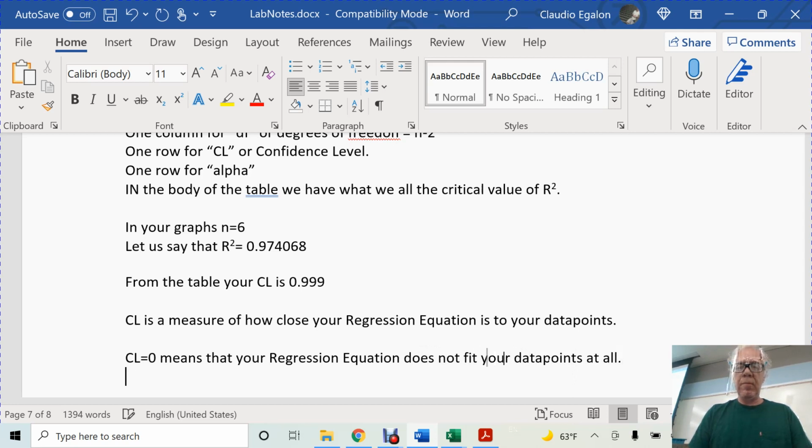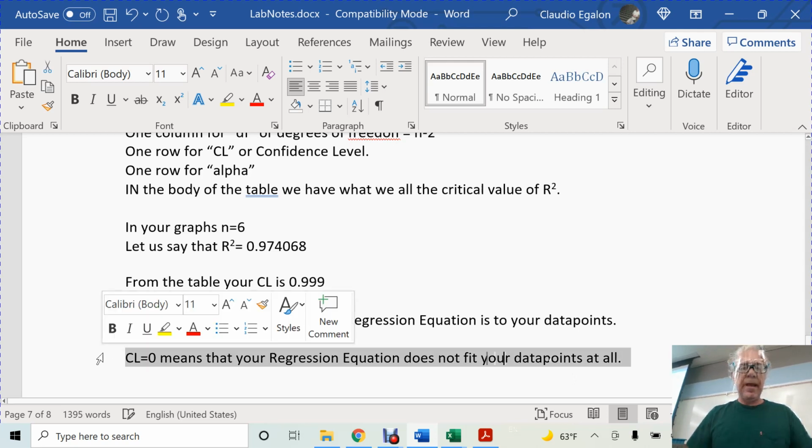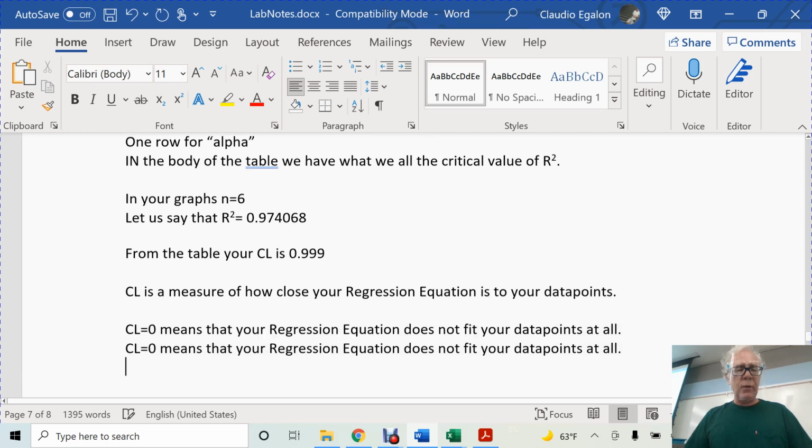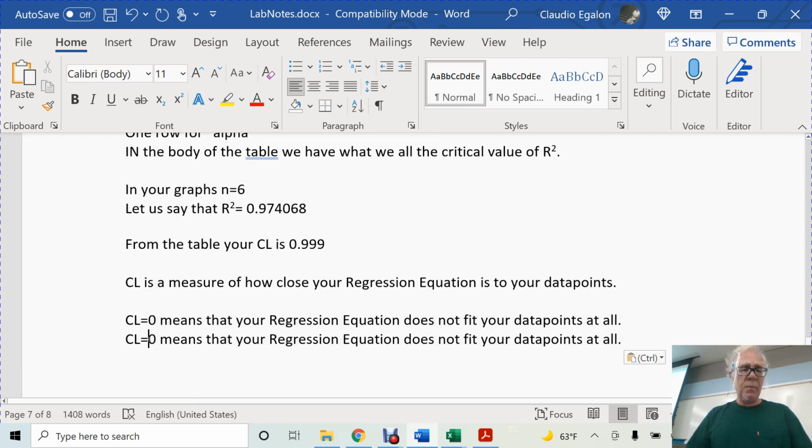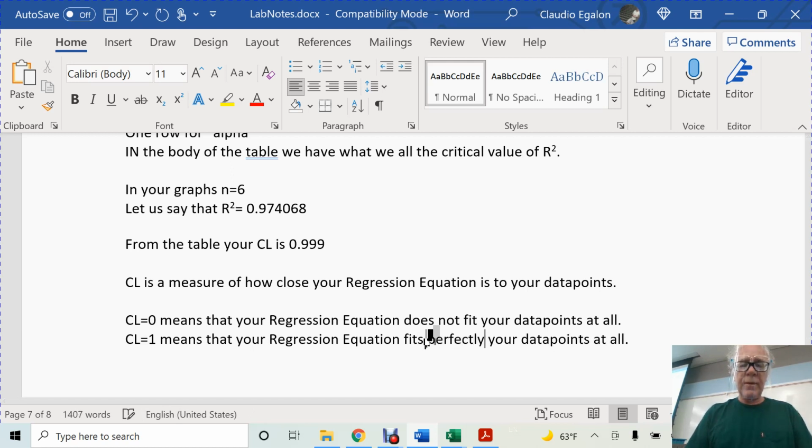CL equal to 1 or 100%, here you go, means that your regression equation fits your data points perfectly.